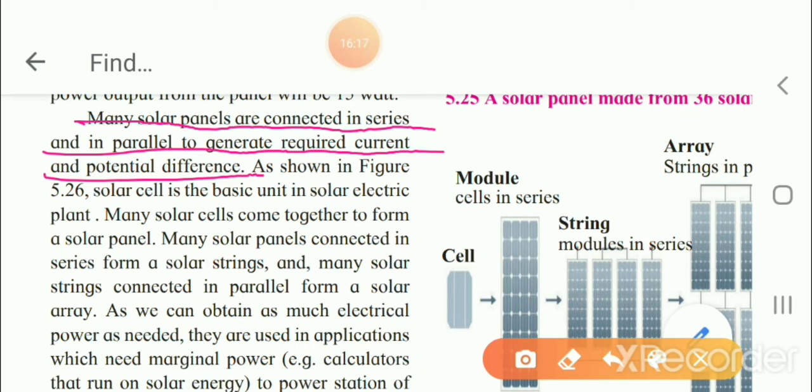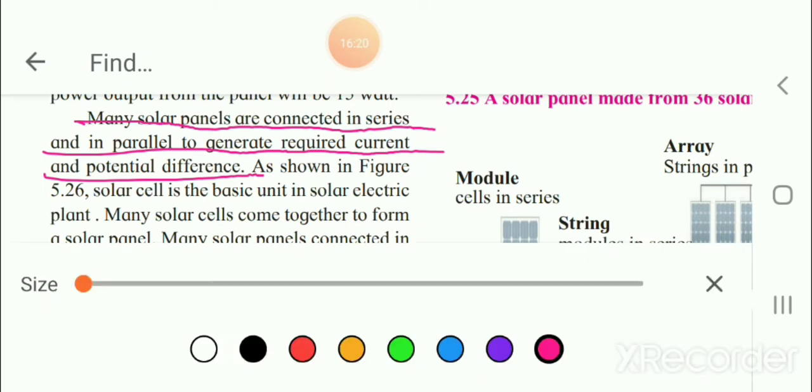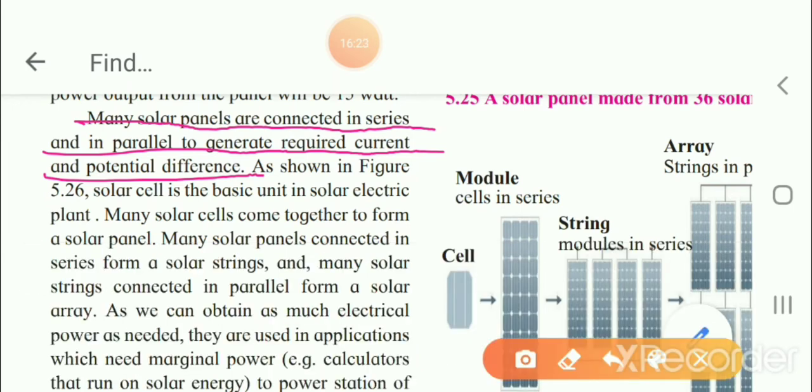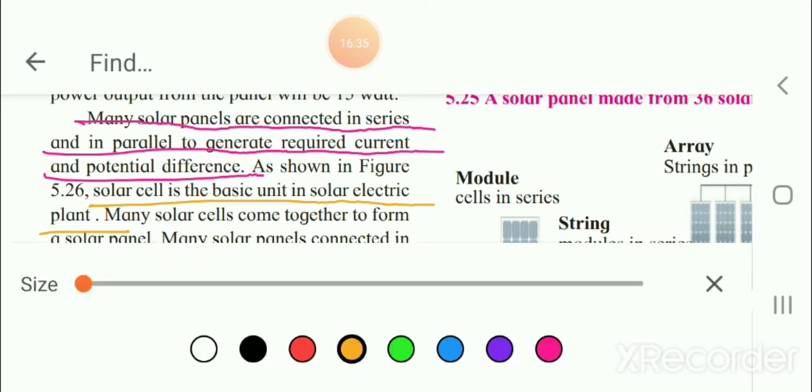Now, solar cell is the basic unit of what, children? Solar cell is the basic unit of a solar electric plant. Many solar cells come together to form a solar panel.